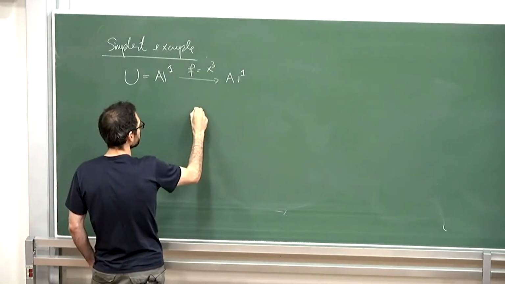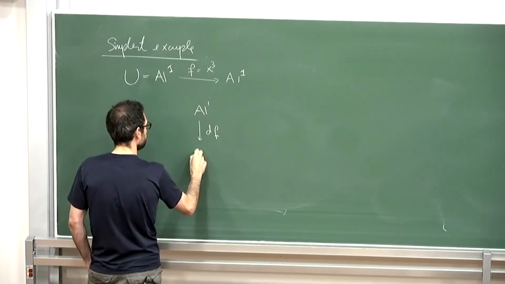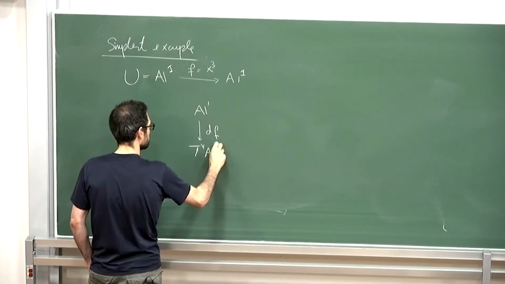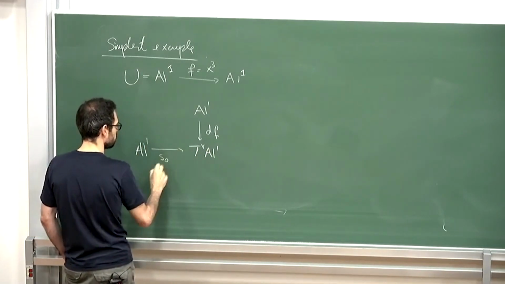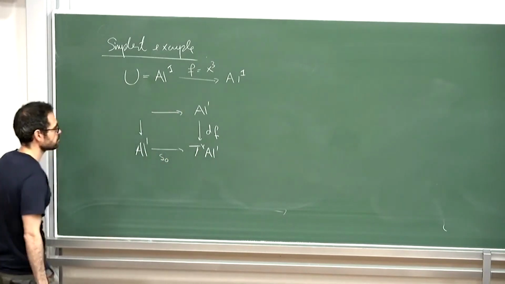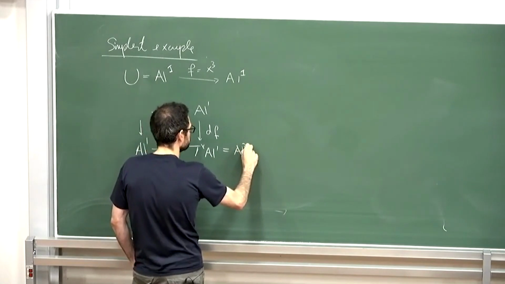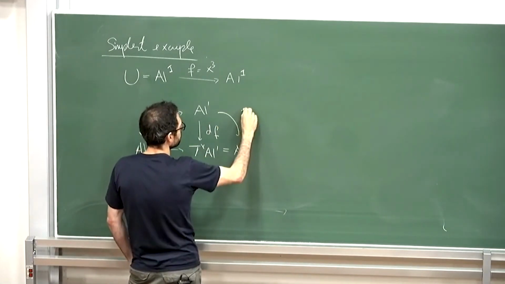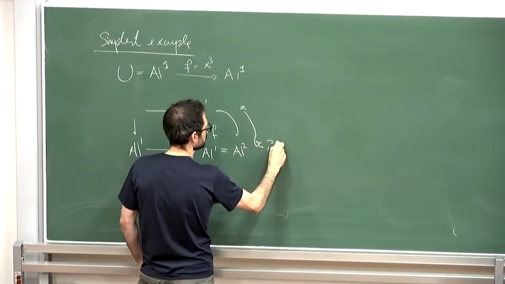So I'm going to look at the points where the derivative of this function vanishes. So here I put the 0 section. And I'm going to look at this intersection. Of course, this is just A2. And the map here sends x to the derivative of x cubed.